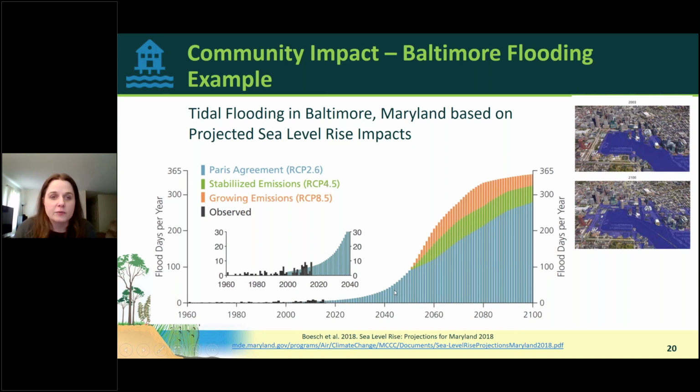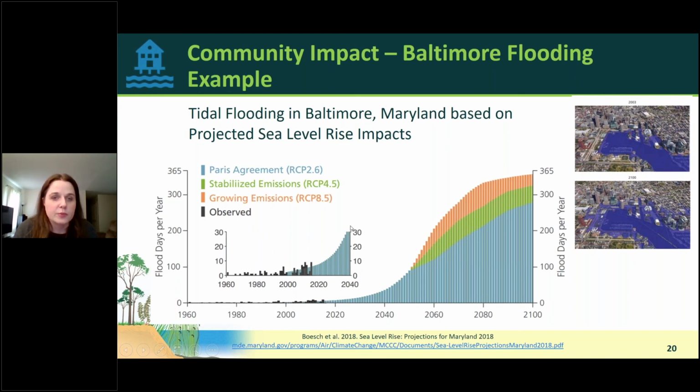And if you look at this, the blue bars show the best case scenario. So even with the best case scenario, we're still, with sea level rise, going to see quite a few flood days per year, around 280 at the end of the century. And that can raise up to 300 to 365, depending on these emission scenarios. And if you look at more short term, they typically see 10 flood days per year.